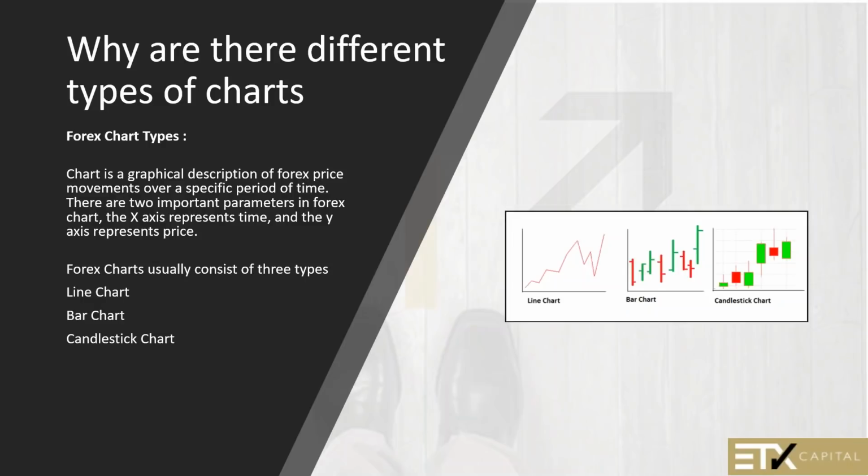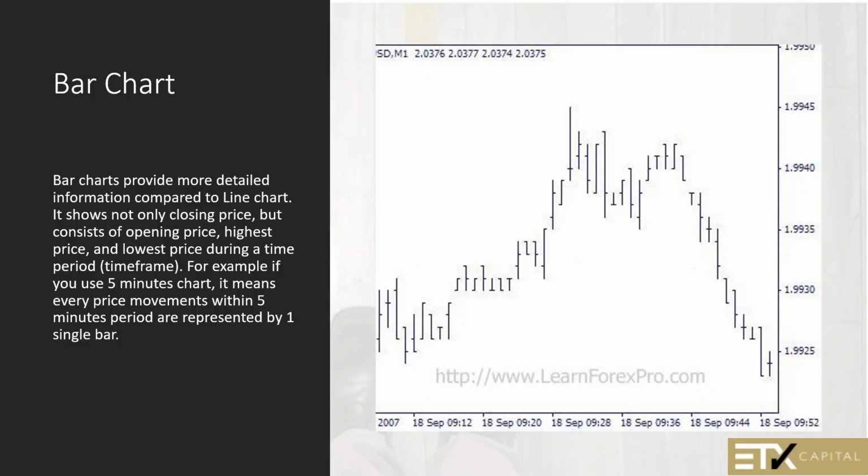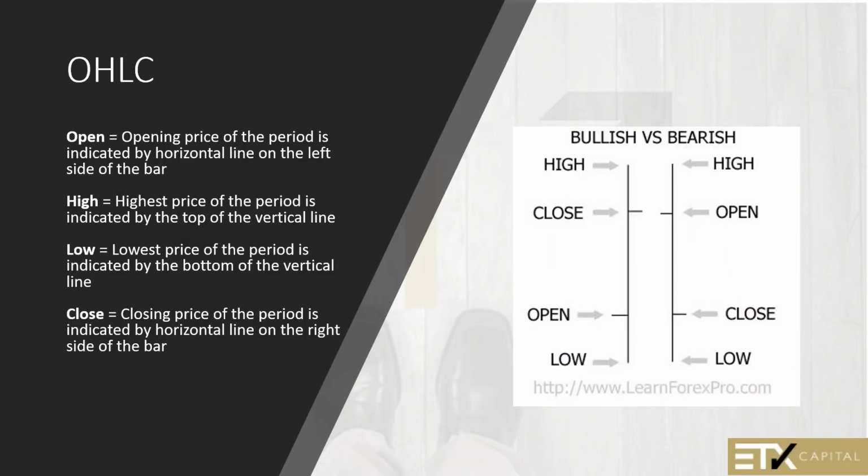Now, as we discussed in our first part of our educational series, there are 3 basic types of charts: line charts, bar charts, and candlestick charts. The bar chart was the most popular for many, many years, but now, due to the growth of computers and computerized charting, most of us have moved over to using candlesticks.